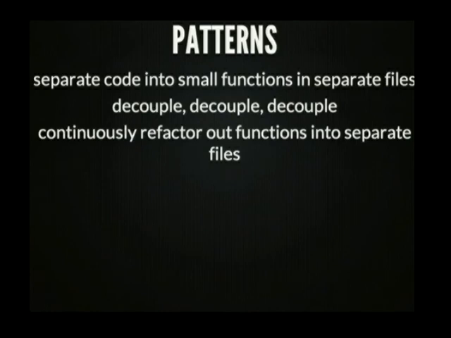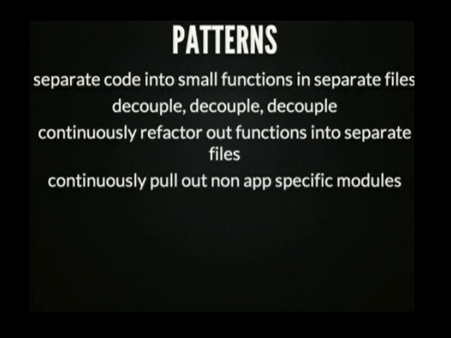Once you decouple them, continuously take those functions out and put them into separate files, so you don't run into the problem of coupling them again. And once you have them in separate files, then pull them out into non-app-specific modules. I emphasize non-app-specific because, as I said, otherwise it doesn't help people that much to have them on NPM.